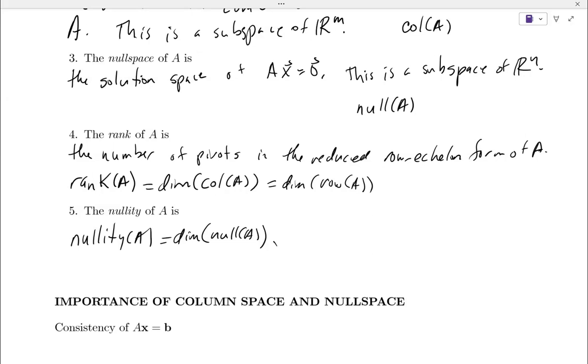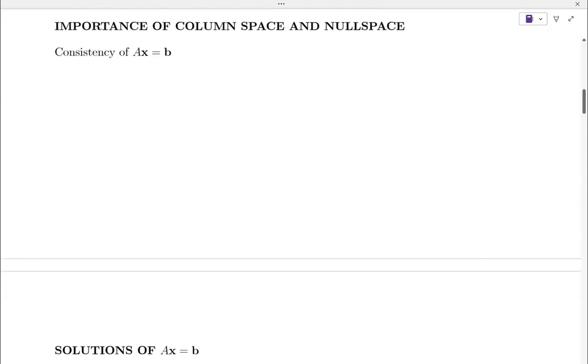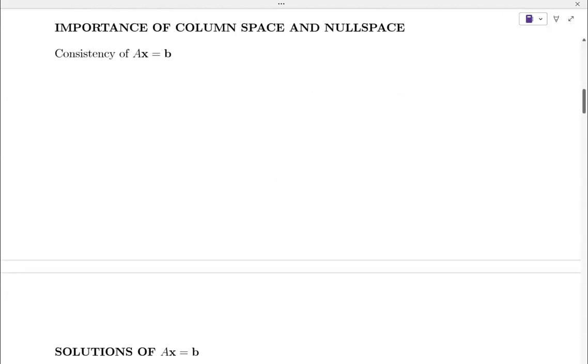Like I said, we're going to do this as an example. But why are we talking about all of this? All right, so the first thing is that we're going to talk about why we care about column space and null space. So this first part here is actually a little bit about why we care about column space.